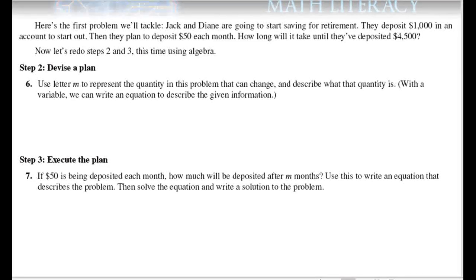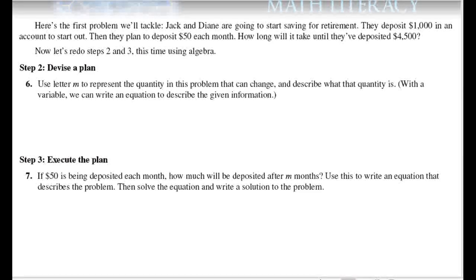We want you to redo that problem now using algebra. So you'll notice they're giving you some variables to work with. So start over, devise a plan, but now use M to represent what you're wanting to accomplish. So restart the video once you've done that. Okay, so same story.